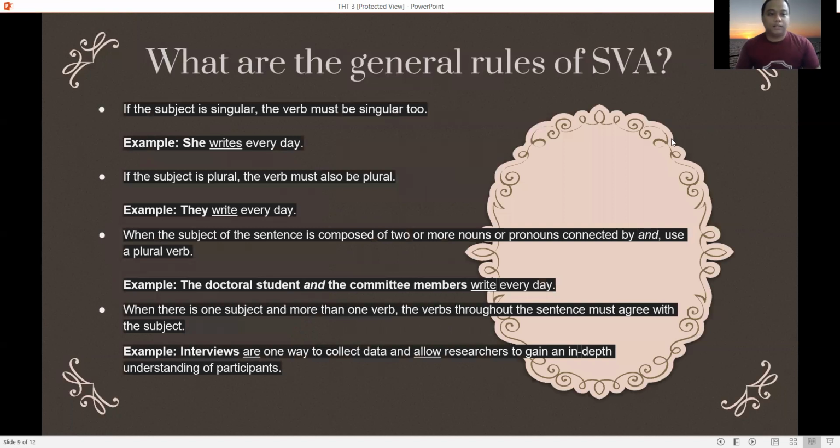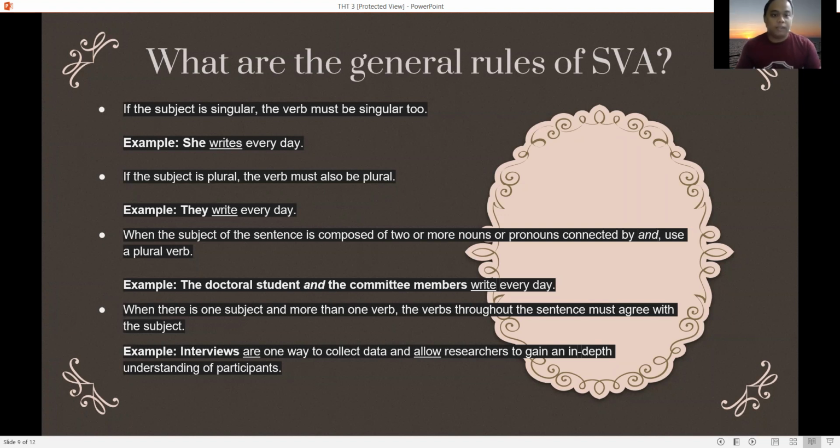Okay, this is the last topic for THT3. What are the general rules of SVA, subject-verb agreement? If the subject is singular, the verb must be singular too. As an example, she writes every day. If the subject is plural, the verb must also be plural.